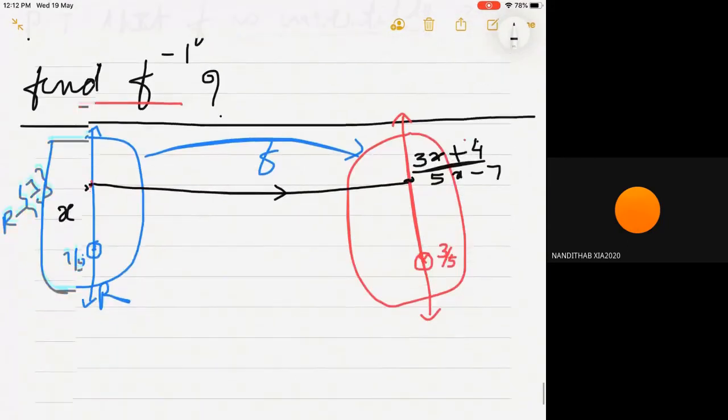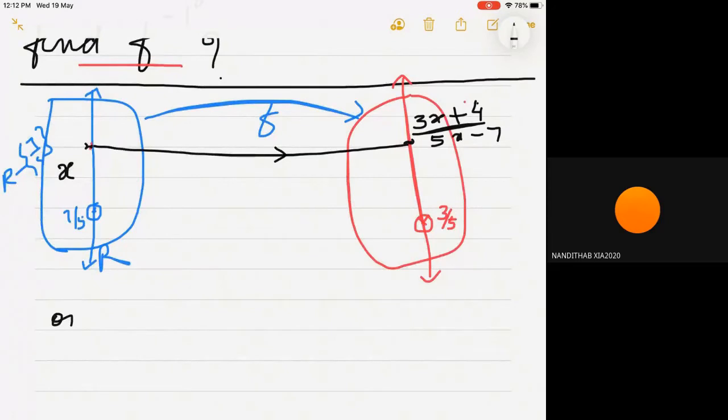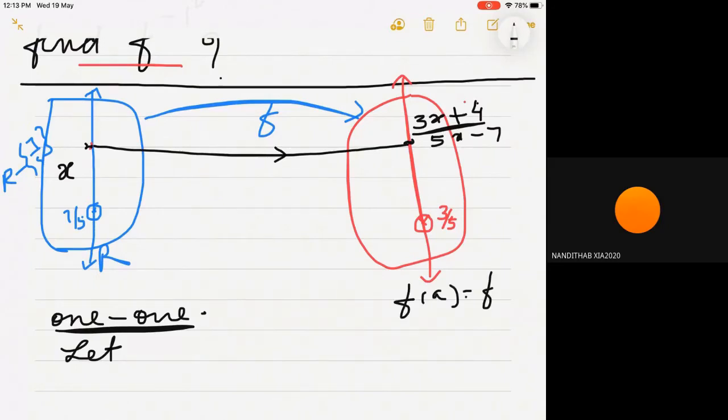What is the procedure? As you have learned in the previous classes, f of a equal to f of b implies a equal to b, then f is 1-1, where a and b are elements of the domain of the function.